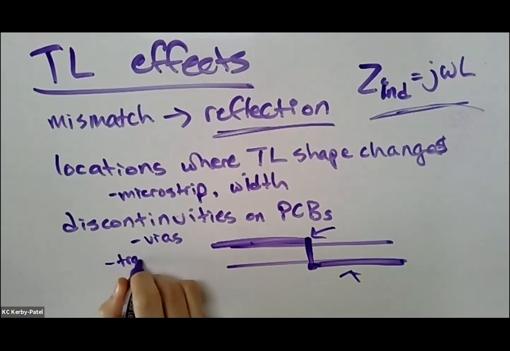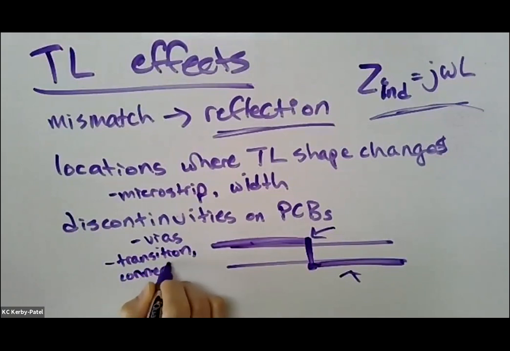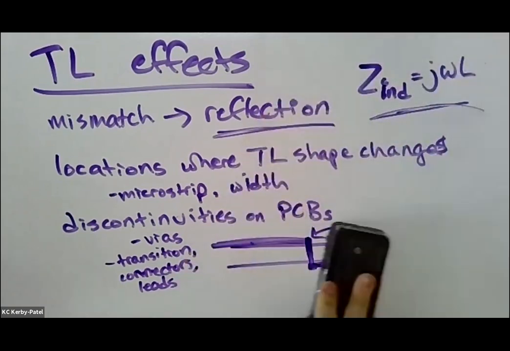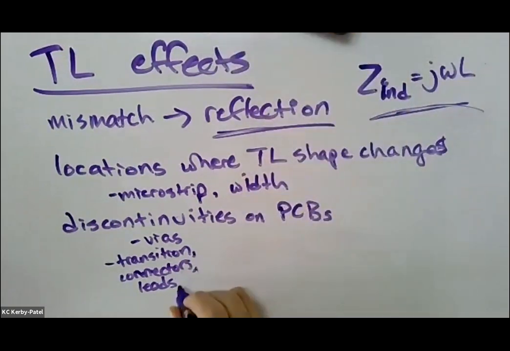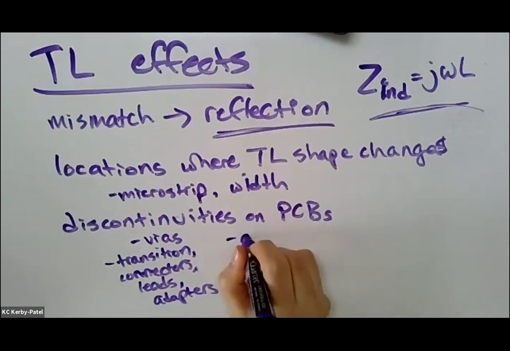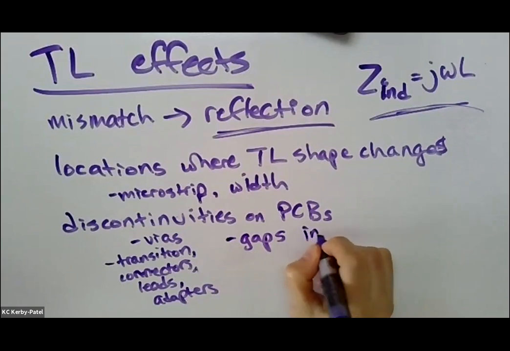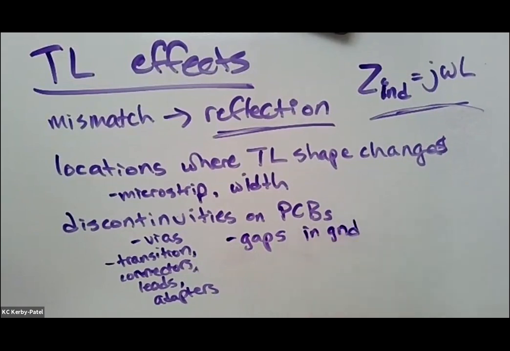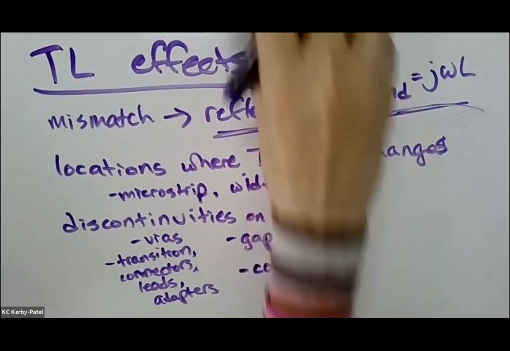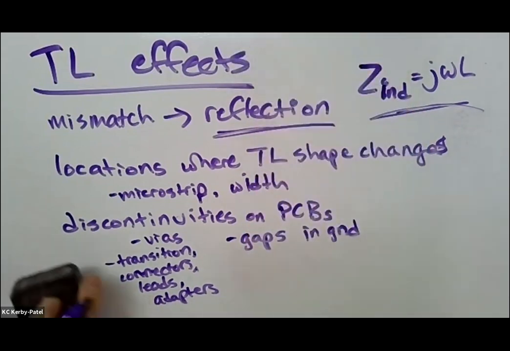Any sort of transition: connectors, leads, adapters. These things are not transparent. Gaps in something like the ground plane or in your transmission line. And you can have coupling. Well, I would put this in a different section because that's not a discontinuity.